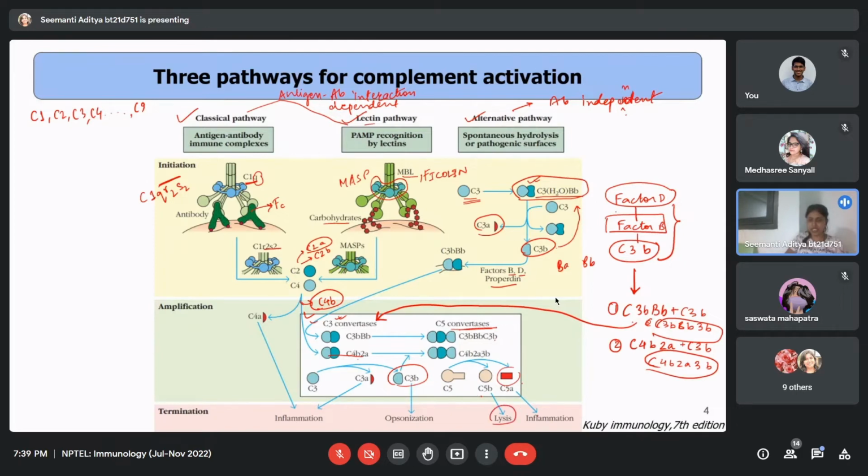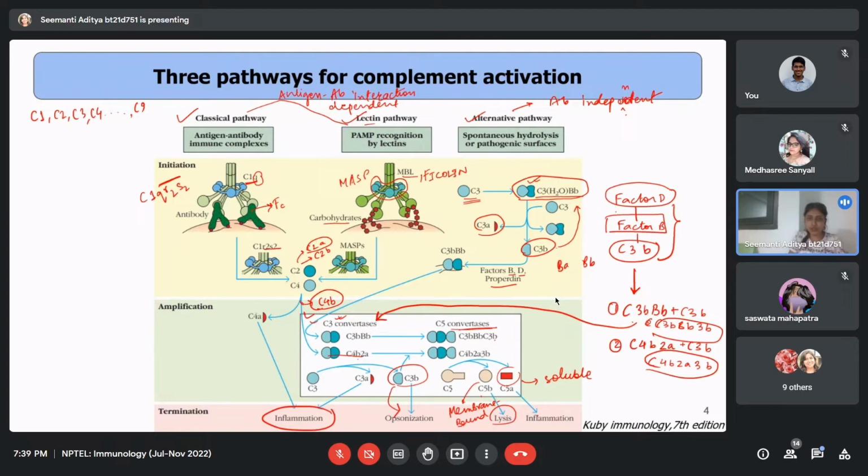So C5a is the soluble portion of your complement protein, and C5b is the membrane bound portion. Likewise, all these complement proteins are broken down into a soluble fraction and a membrane bound fraction. The soluble fraction is associated with inflammation, and the membrane bound fraction is associated with lysis or opsonization. Again over here we can see that C3b is the membrane bound portion, associated with opsonization, whereas the soluble portions, C3a and C4a, are associated with inflammation.